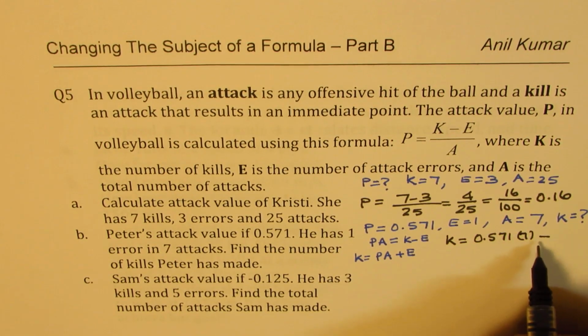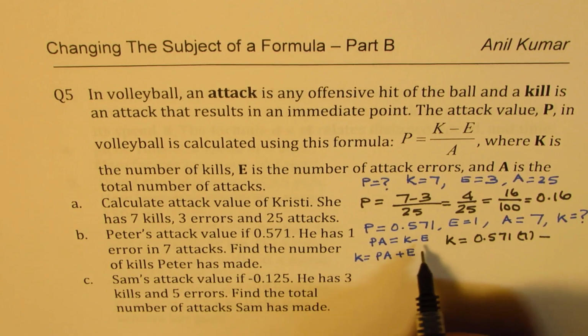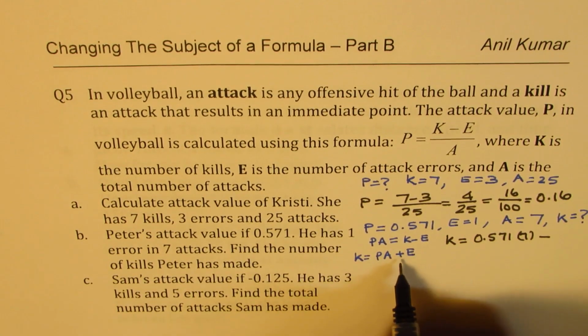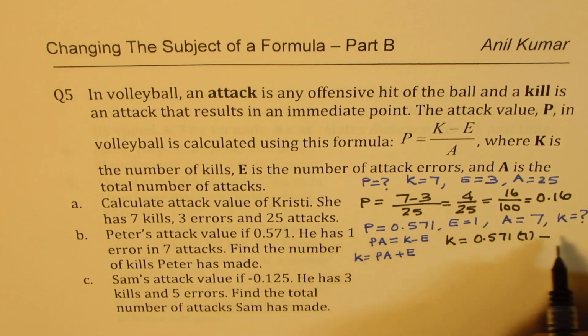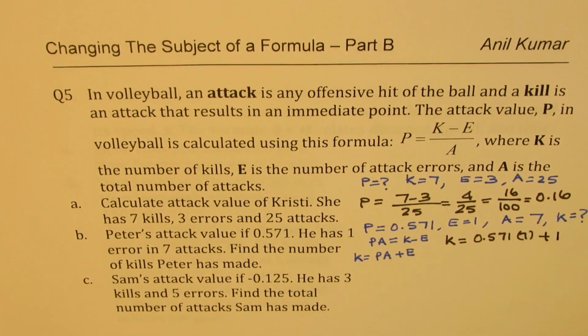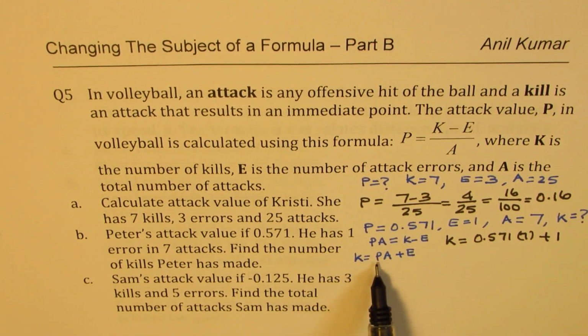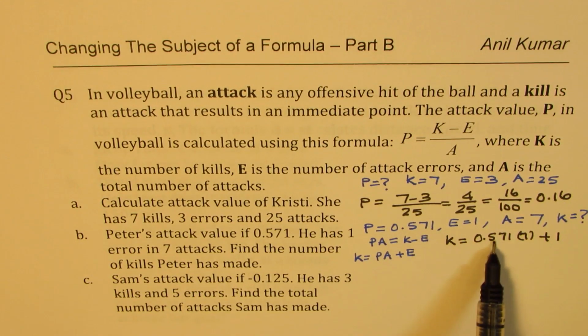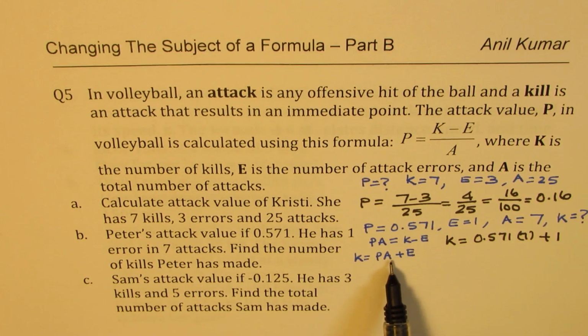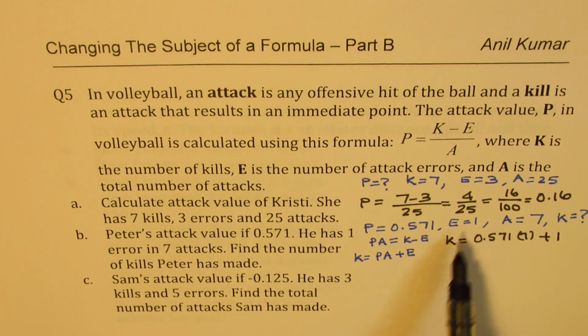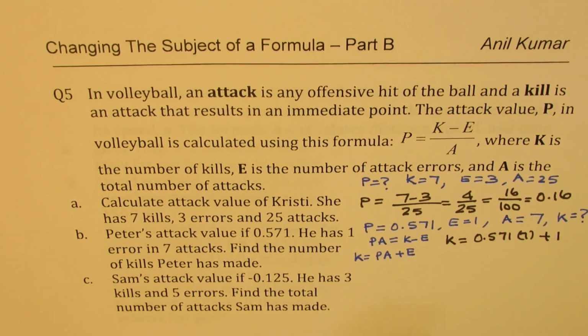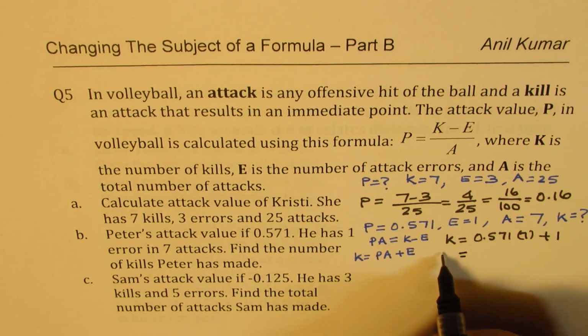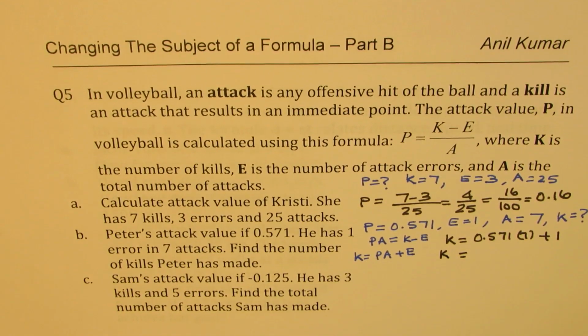Then you have to add errors E, which is plus 1. Correct. So that is how you're going to do it. So K is P times A. P is 0.571, A is 7. And E, which we have to add here, is plus 1. Correct? Now we can use the calculator to find this answer.